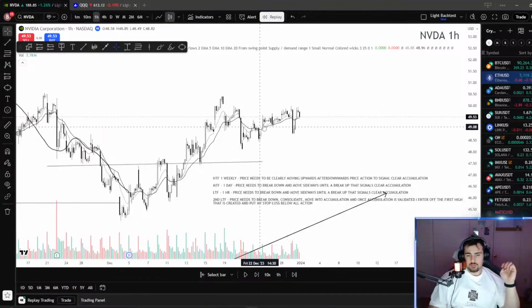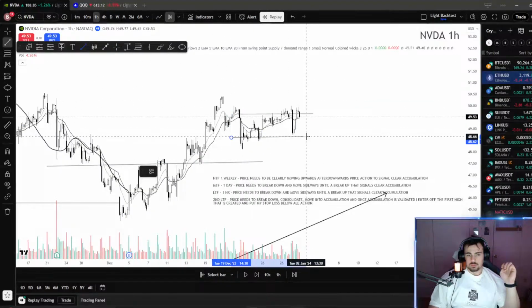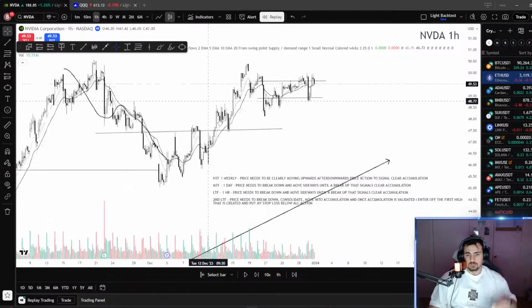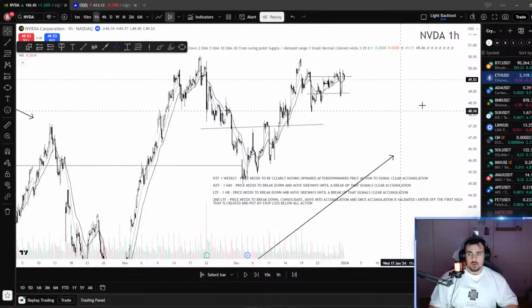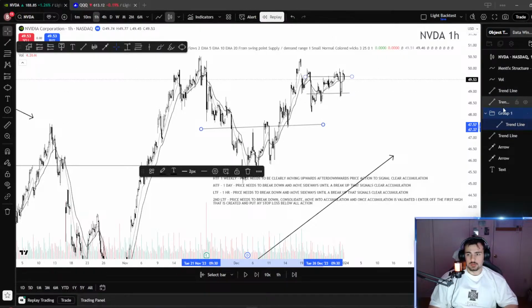So we kind of have ugly price action here. It's kind of just moving sideways in this area. I'm going to group everything here just so no one's confused.